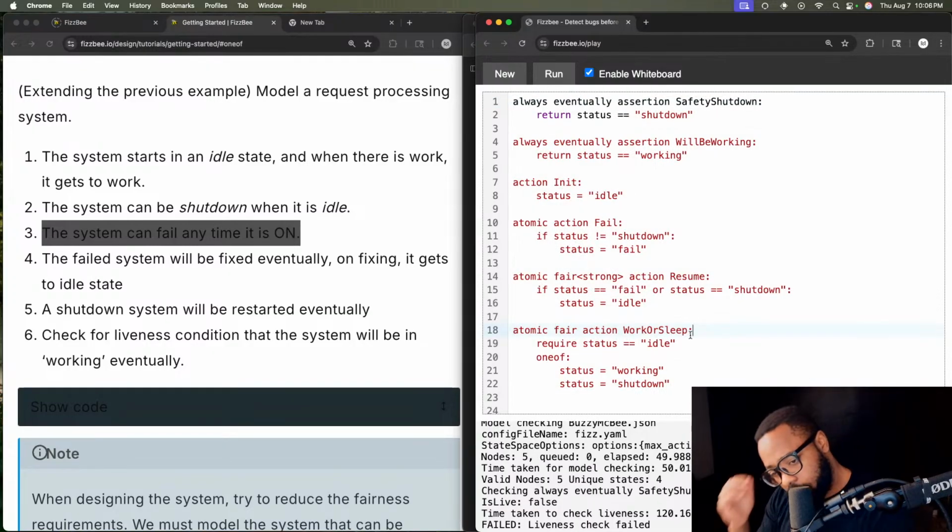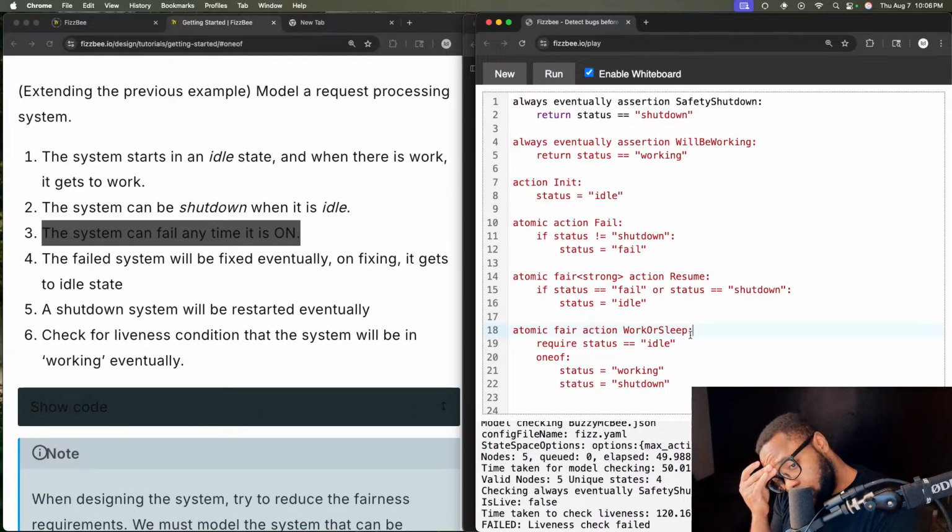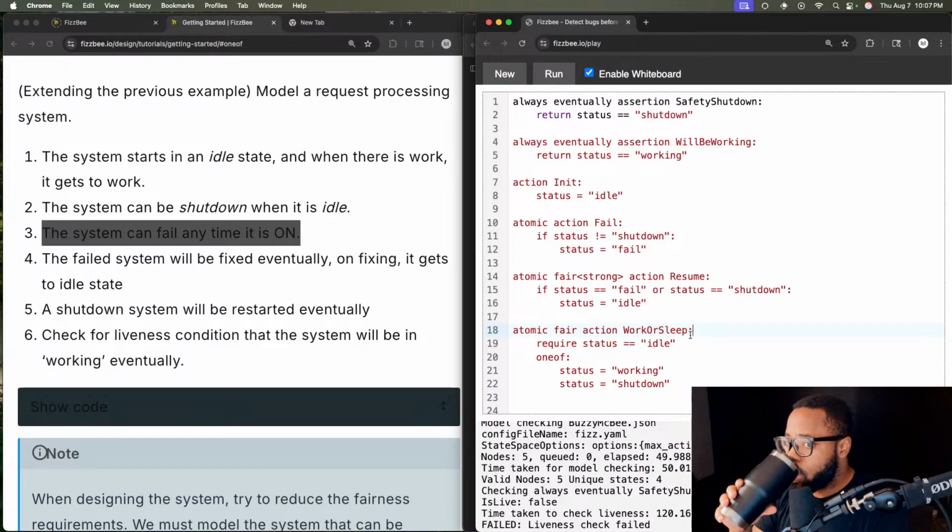Let me think about this for a minute. In what way can we ensure that we never eventually shut down?